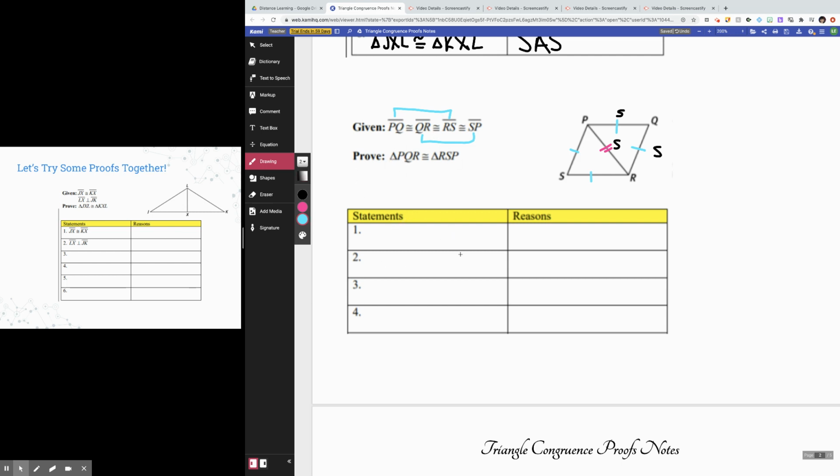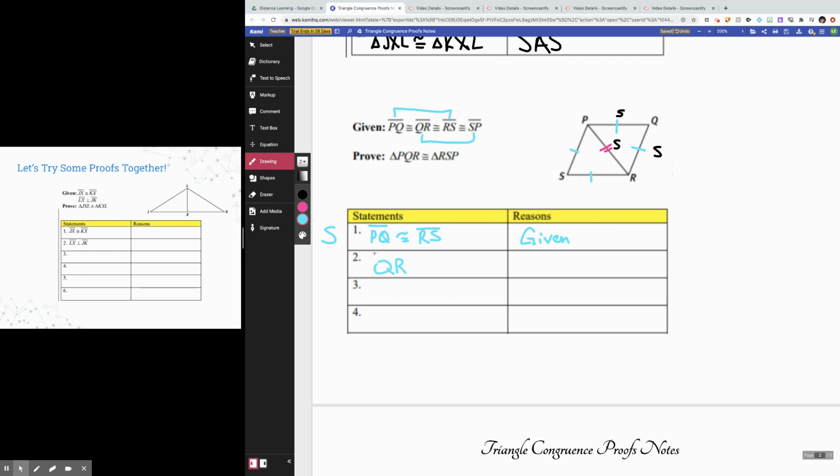Okay, so here, statement 1 is that PQ is congruent to RS. Okay, and my reason is that that was given to me. Okay, so that's my first side. Then I need to do the same thing with the other side that I have marked in blue.